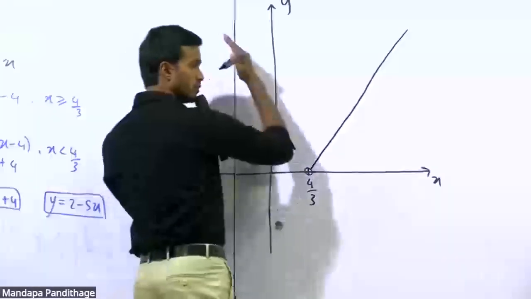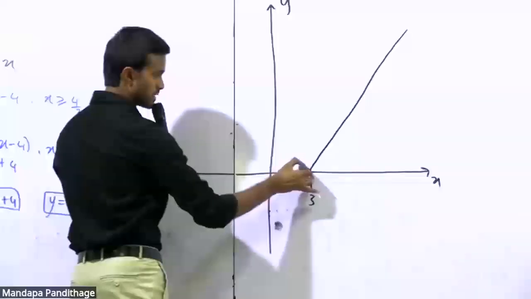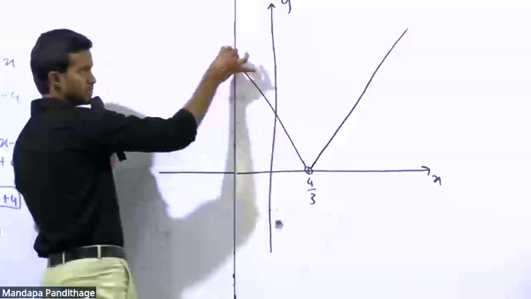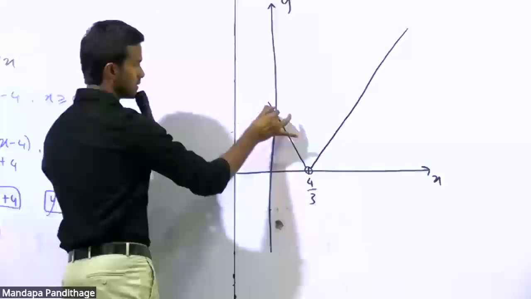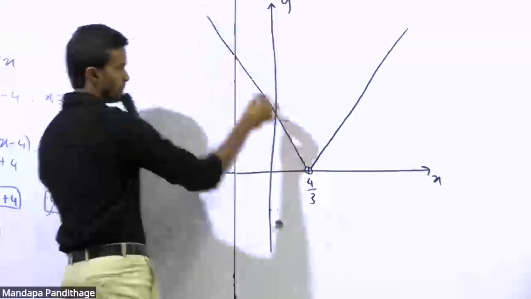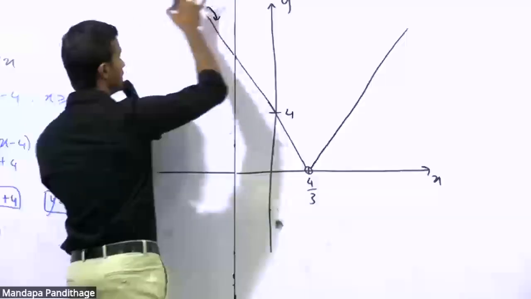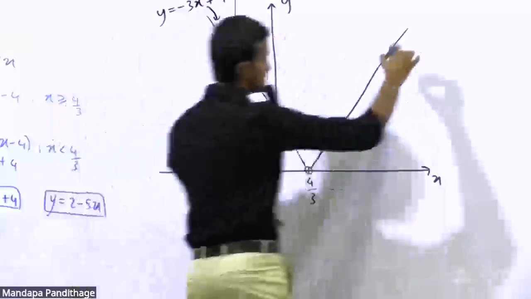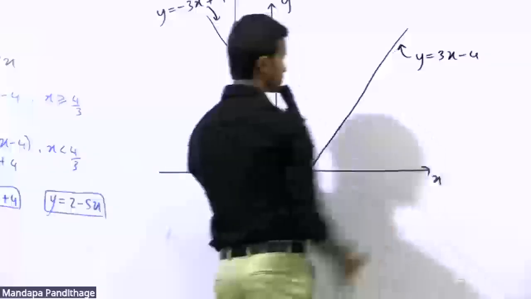On the other hand, minus 3x plus 4 has a gradient of minus 3, so you can sketch it in this way. Here it becomes 4 because the intercept is 4. So here it's y equals minus 3x plus 4, and here it's y equals 3x minus 4.